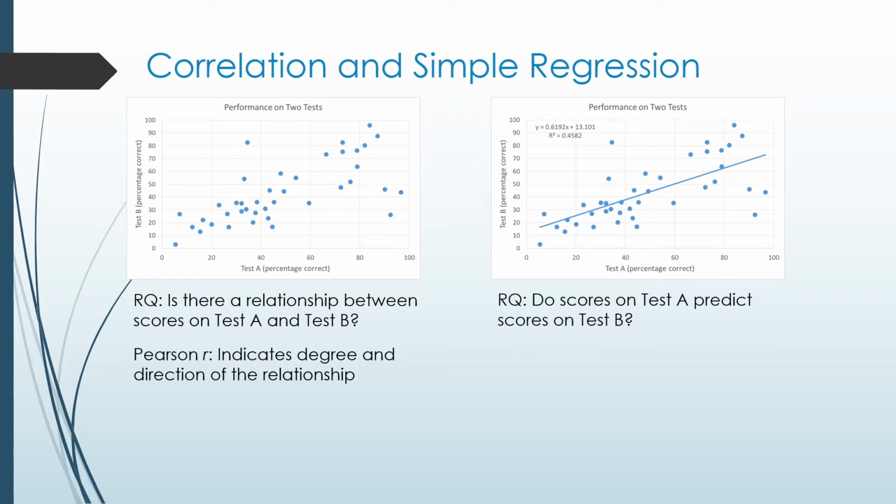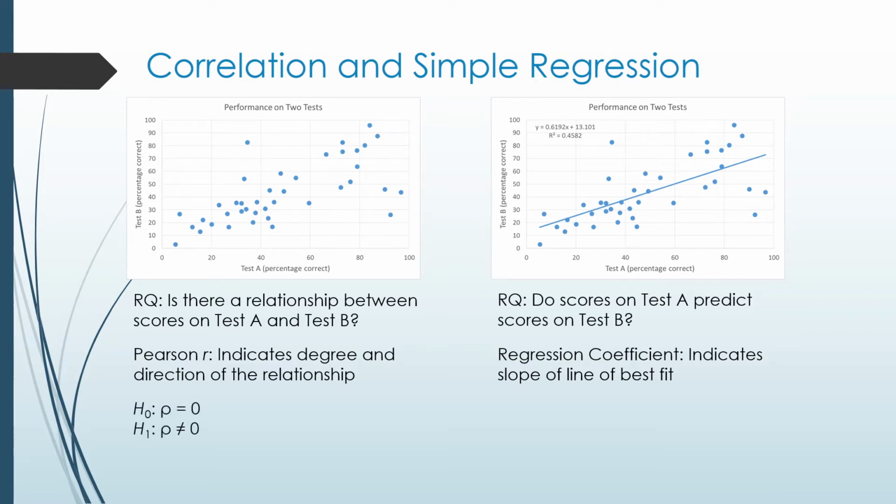Or you could have a negative relationship, so that as one variable increases, the other variable actually decreases. That has to do with the direction of the relationship. On the other hand, with simple regression, we are mainly concerned with a statistic called the regression coefficient, and as we'll see, that is a representative of the slope of the line of best fit that's provided here in the graph at the top.